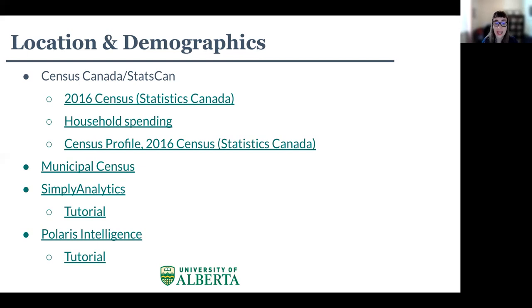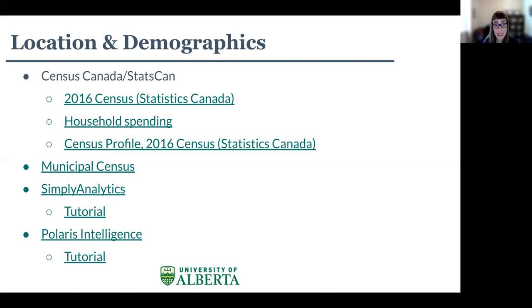There's also Simply Analytics, and this is a great database that allows you to create reports and thematic maps using demographic, business, and marketing data. I've included it here and on the PDF that accompanies this video, a link to the tutorial for this database. And then there's also Polaris Intelligence, and Polaris Intelligence has Canadian demographic information about income, occupation, lifestyle, education, ethnicity, household expenditure, etc. And once again, you can use a mapping feature to do this.